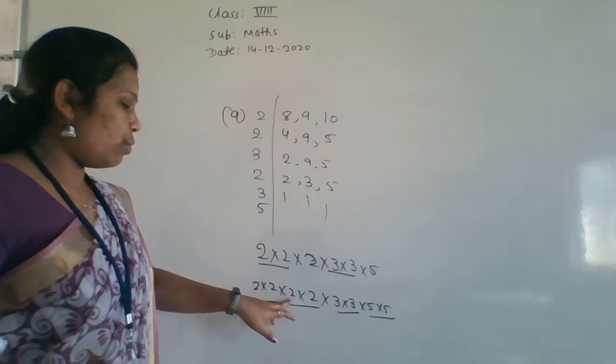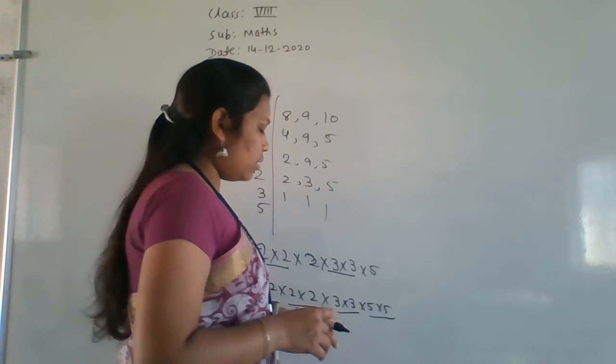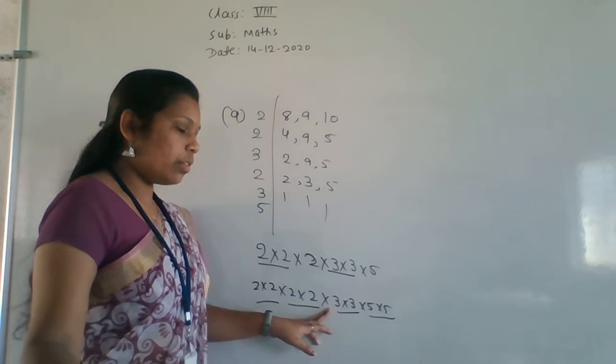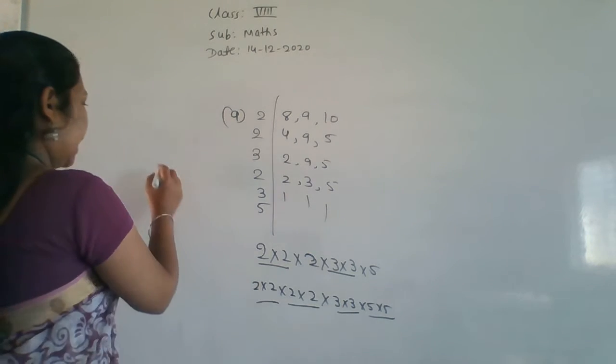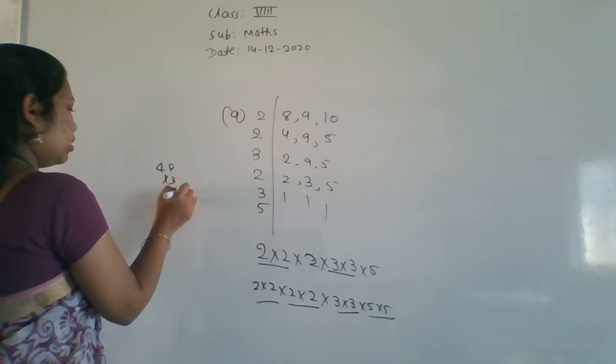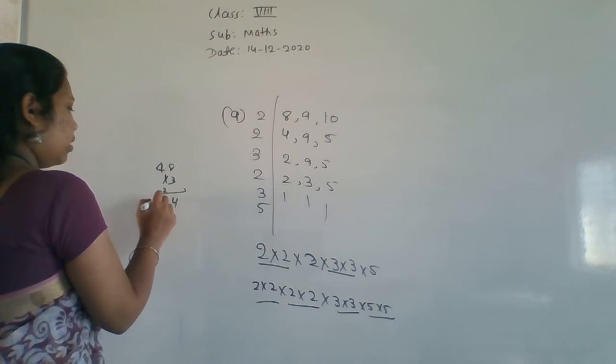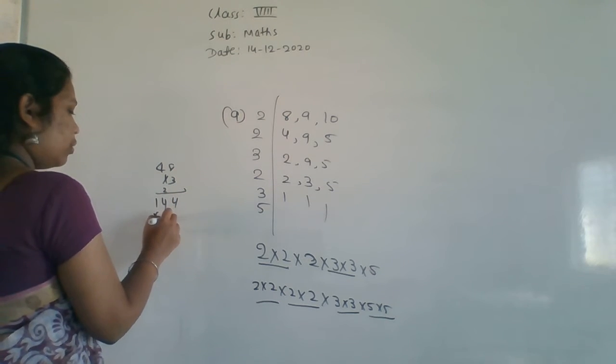2 2s are 4, 4 2s are 8, 8 2s are 16, 16 3s are 48, 48 into 3 is 144, then 144 into 25.